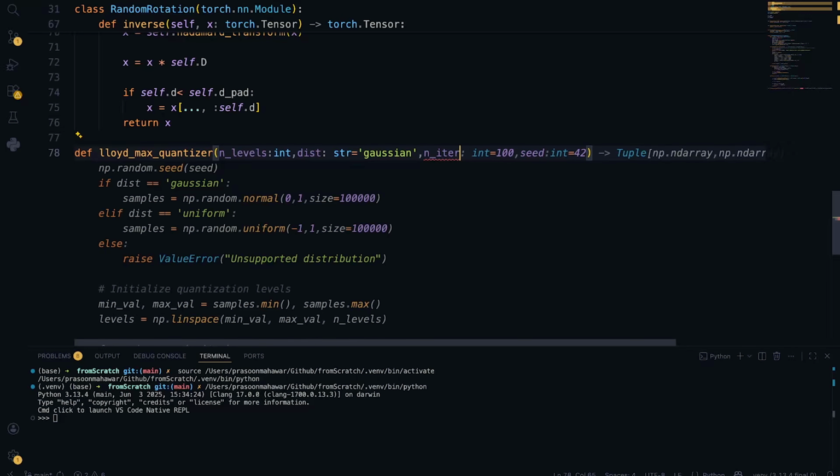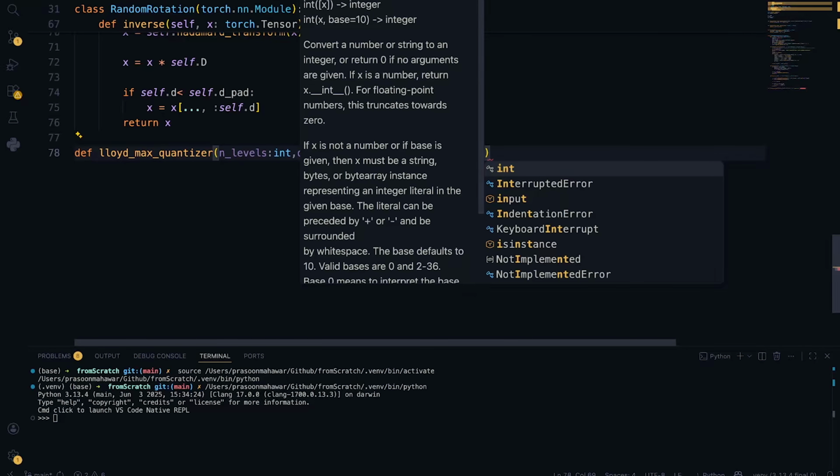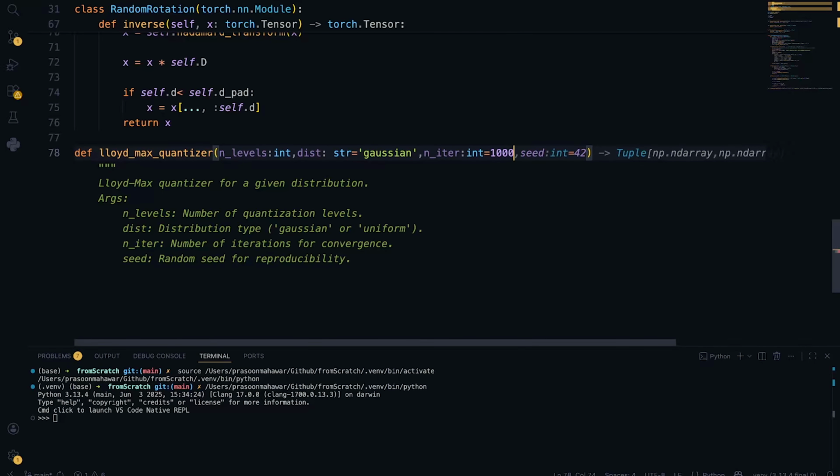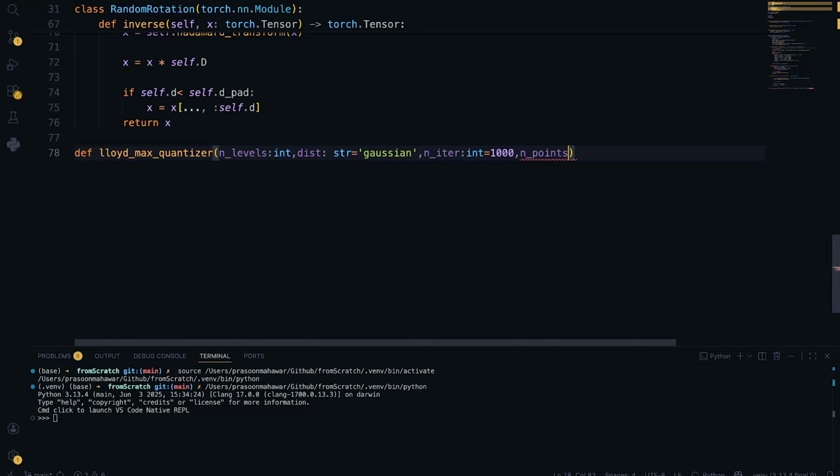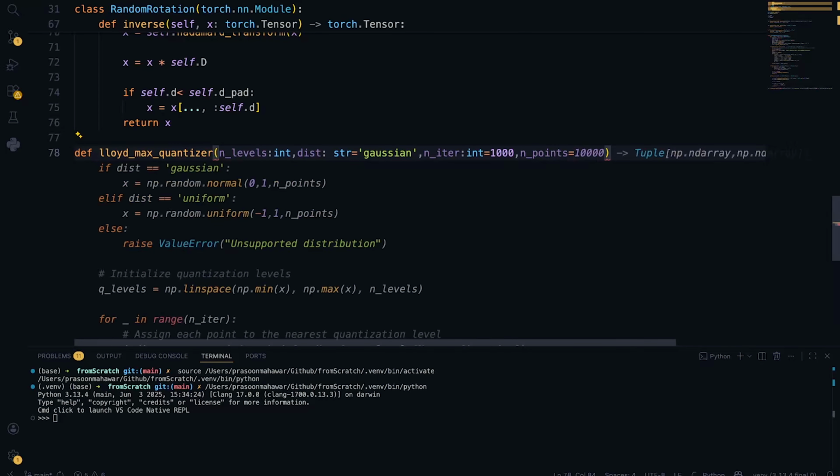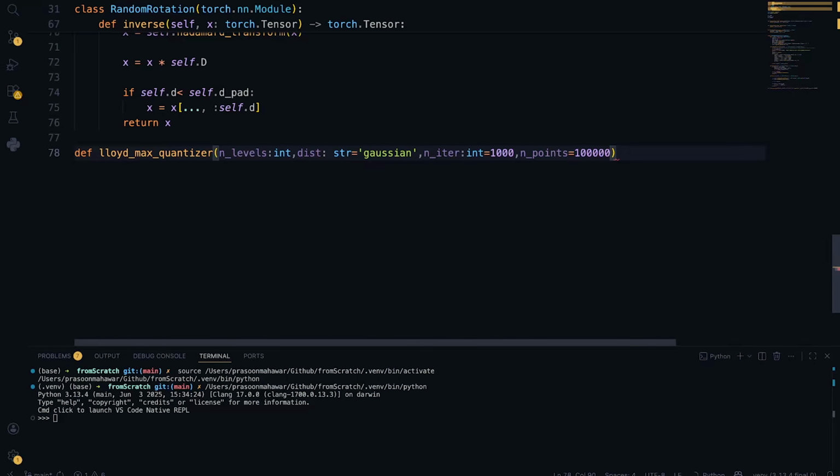We have the partition step and the centroid update step, so we have to iterate through these. For that we are giving iterations by default 1,000, let's see, and number of points equal to 100,000. Yeah, okay.